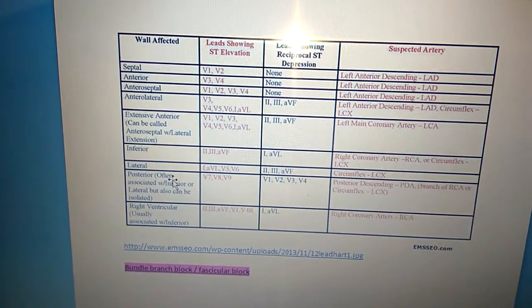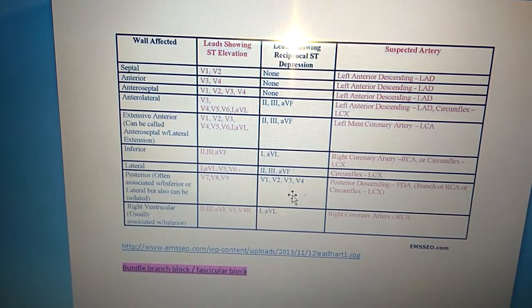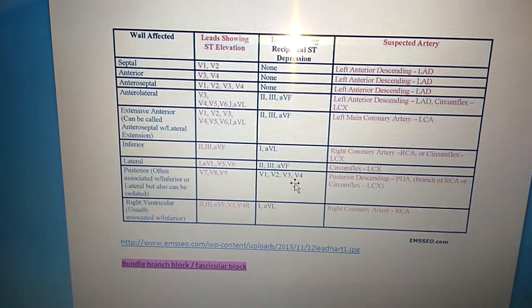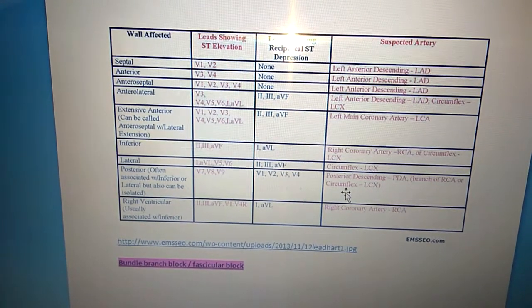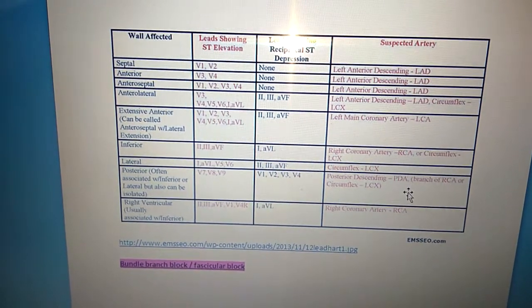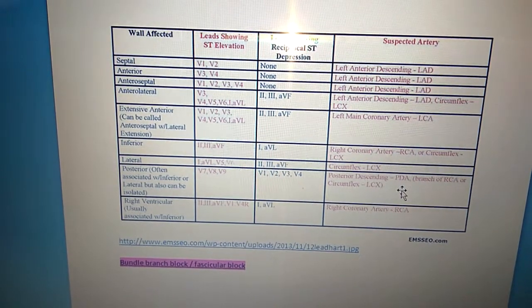If it involves posterior MI, with reciprocal changes at the anterior leads, we will suspect the posterior descending artery, PDA.